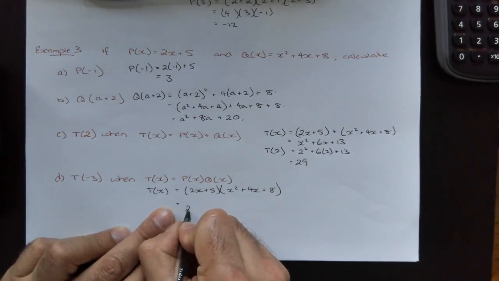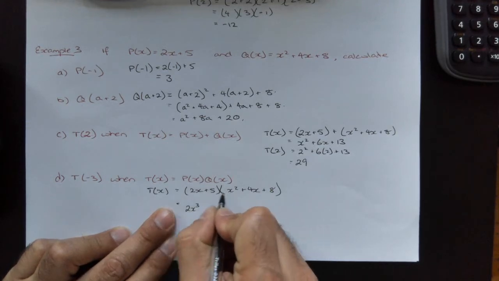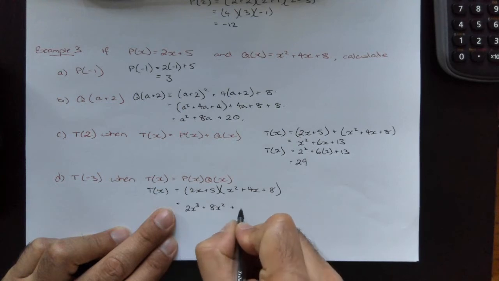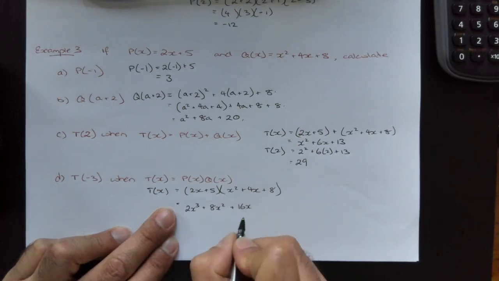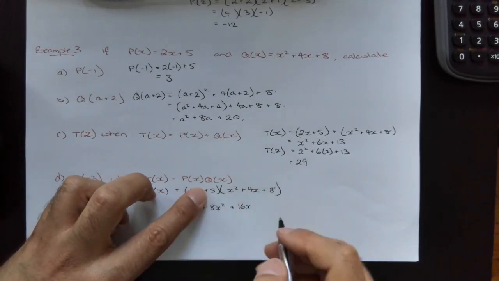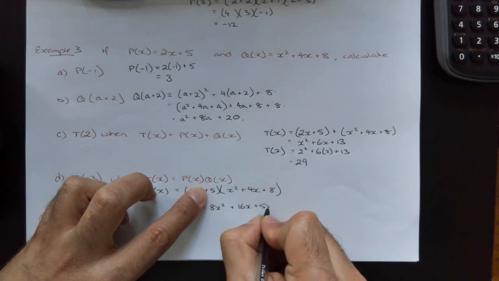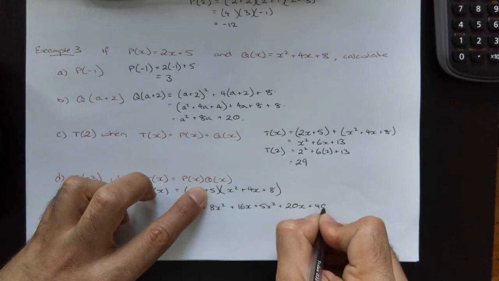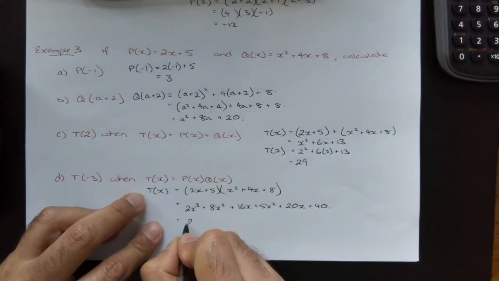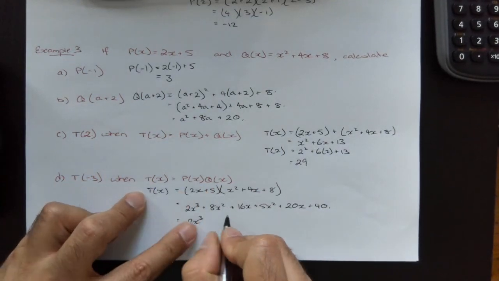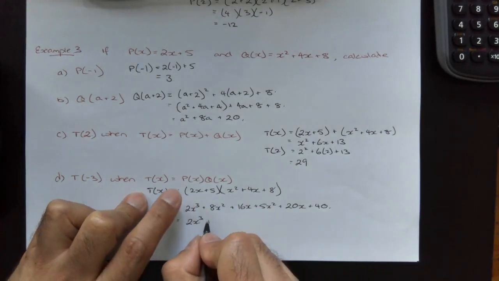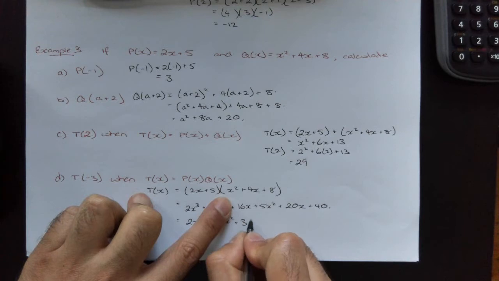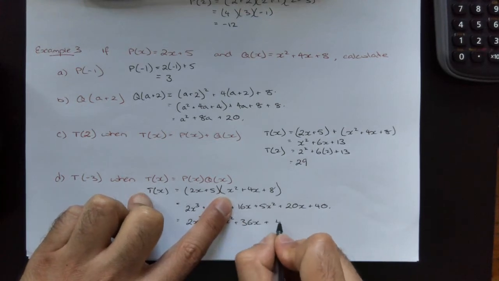So we get 2x cubed plus 8x squared plus 16x, and then multiply this whole thing by 5. So we get 5x squared plus 20x plus 40. Collect like terms. Okay, we get 2x cubed plus 13x squared plus 36x plus 40.